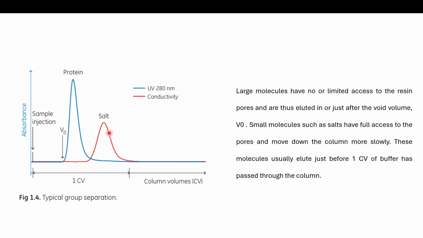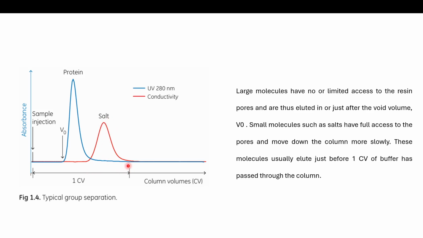Because salts are smaller, they can get inside the pores and take a much longer time to come out. Suppose a column is 60 ml: as soon as nearly 55 to 60 ml starts to come out, you see the peak for salts.